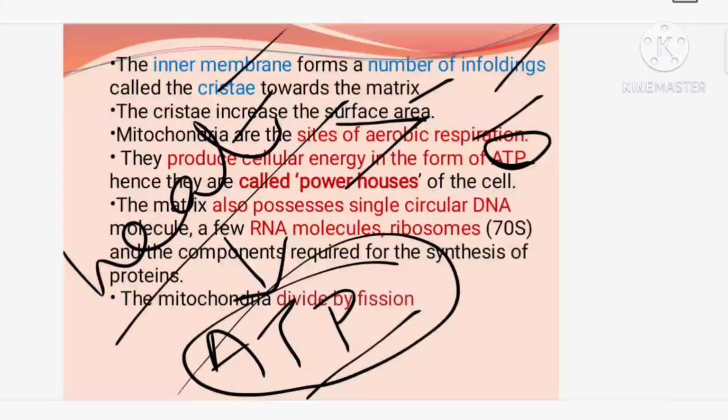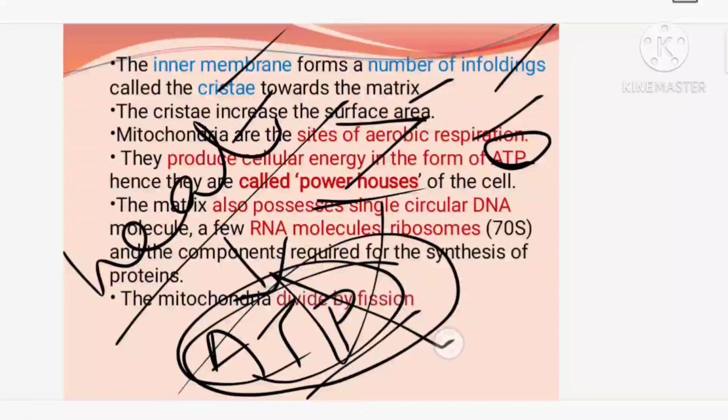Okay, what is the full form of ATP? Adenosine triphosphate, and that heat energy which has been released is converted into ATP during respiration, and it is stored in the cell. Okay, that's why we call them what?